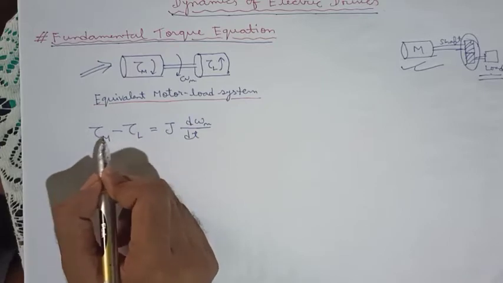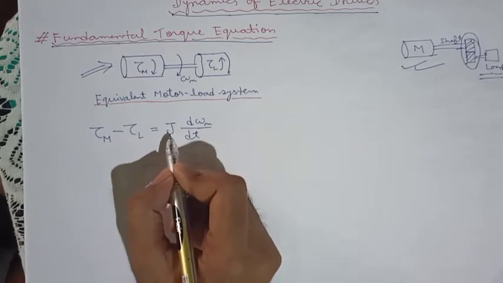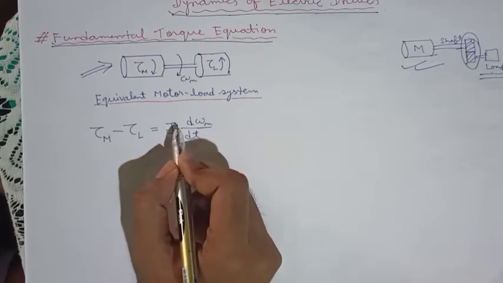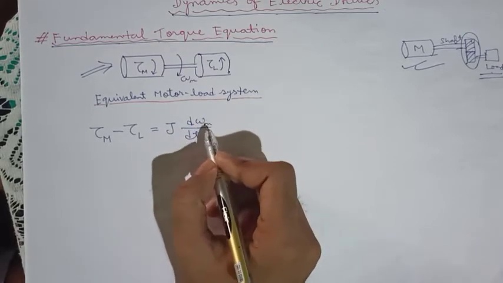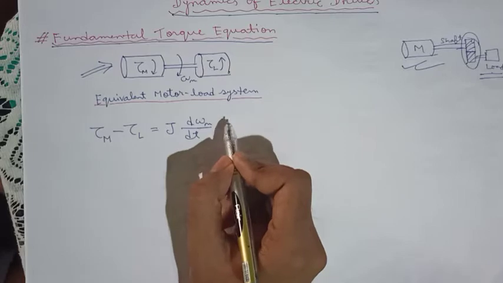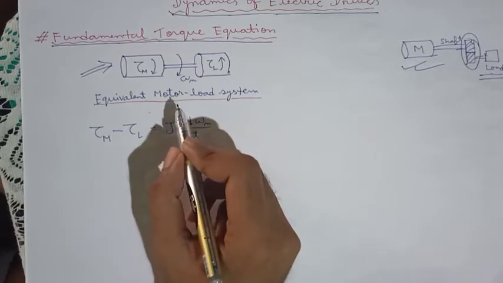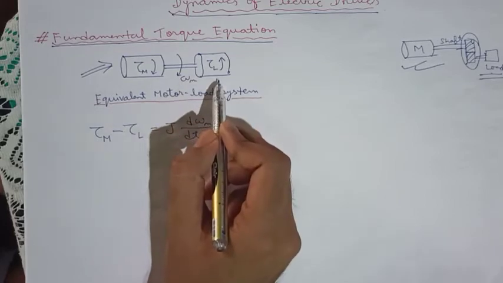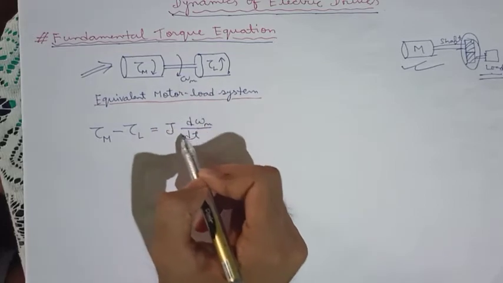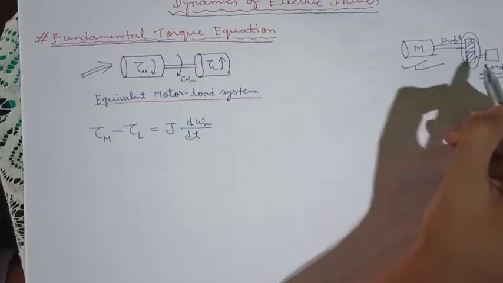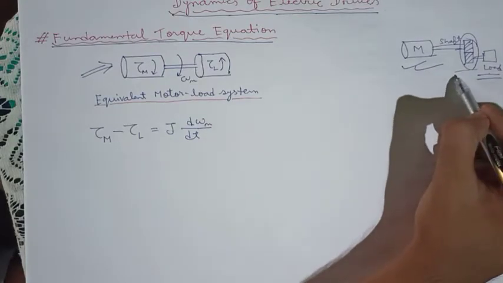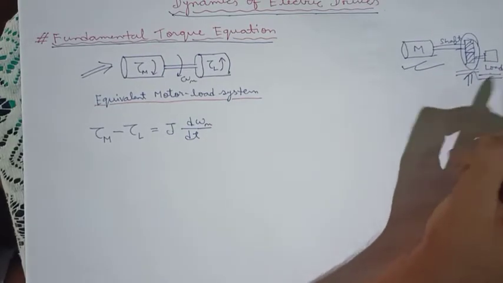So the net torque will be equal to J times d/dt of omega m, where omega m is the instantaneous speed of the motor shaft and J is the equivalent inertia of the system, this equivalent system. In this J, the moment of inertia of the transmission systems are also included.